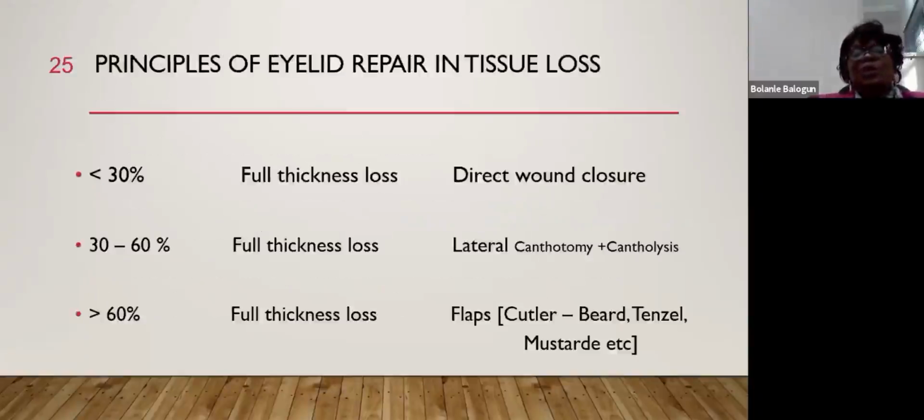So for eyelid repair, it's divided into segments. Normally, we divide the eyelid into segments of 30%, or let's say 33%.